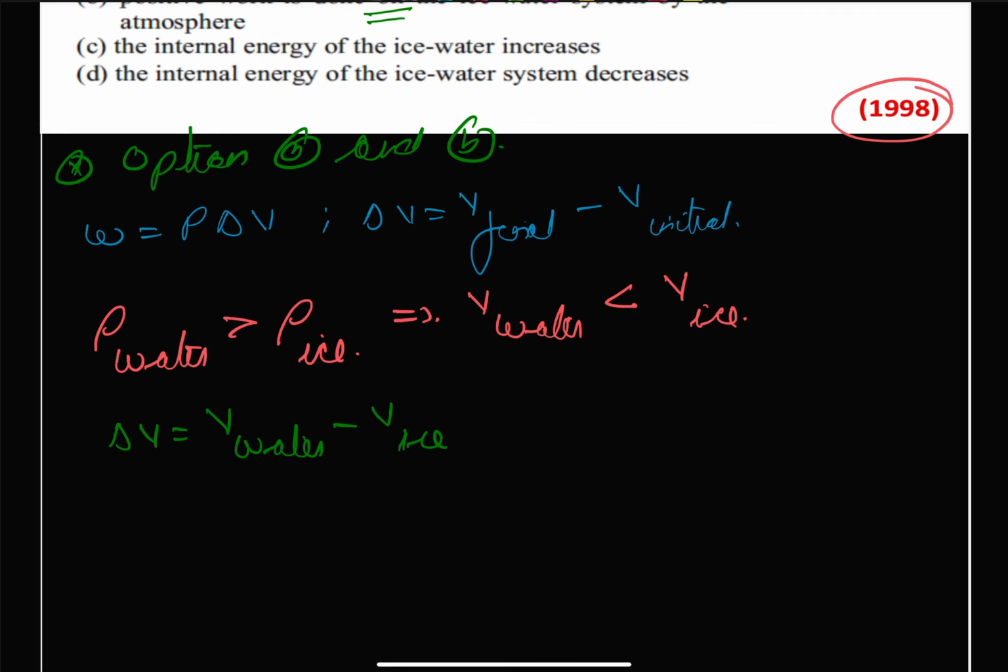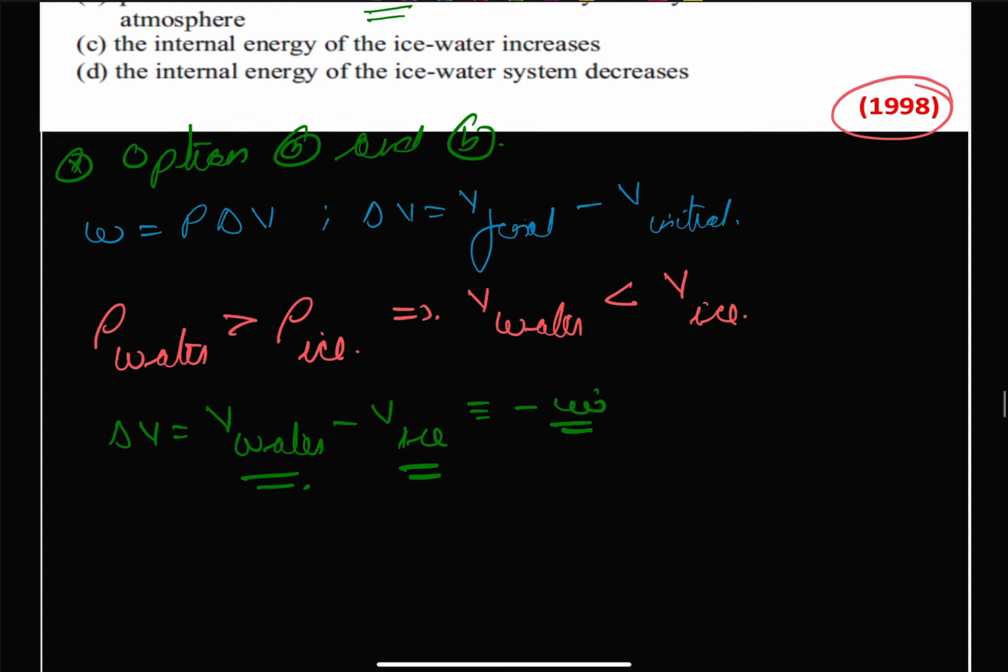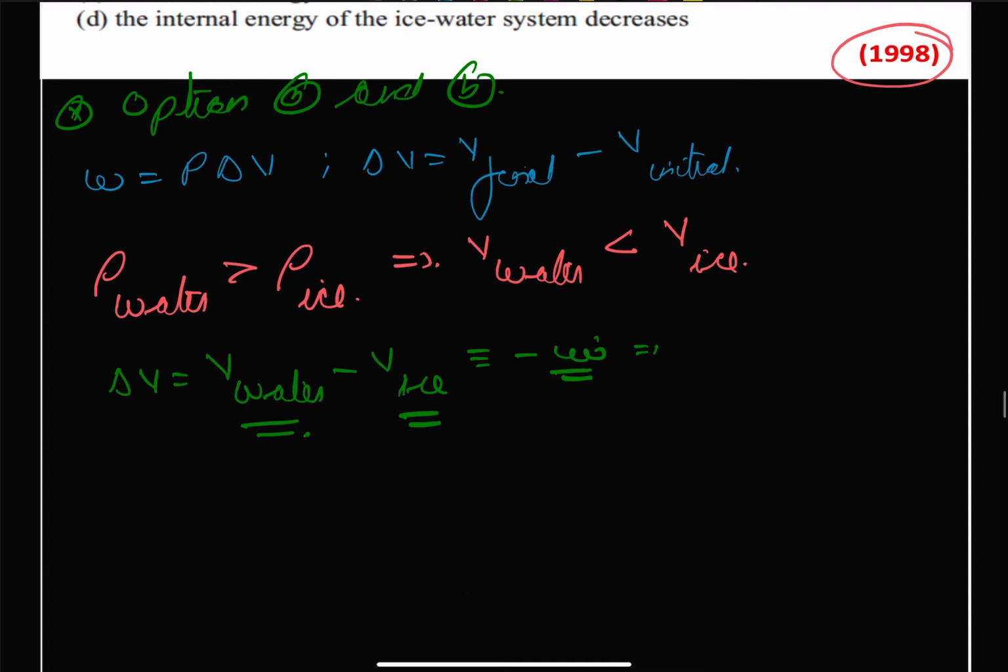And from here we can say this will be basically negative, because volume of ice is greater than volume of our water. Okay. So if it is negative, therefore we can say there is a decrease in volume.